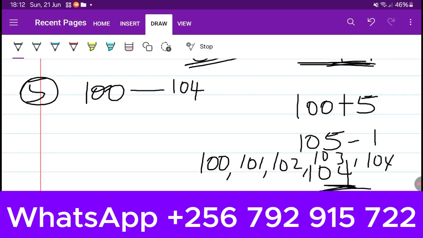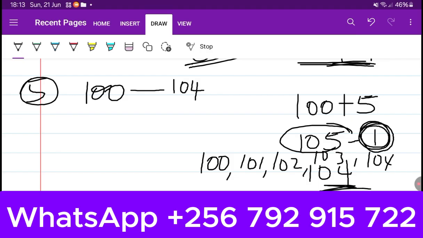If I had included 105 here, those would be excess. So the reason why we take off 1 here is because we always want to make a gap between the first class and the second, the consecutive class.